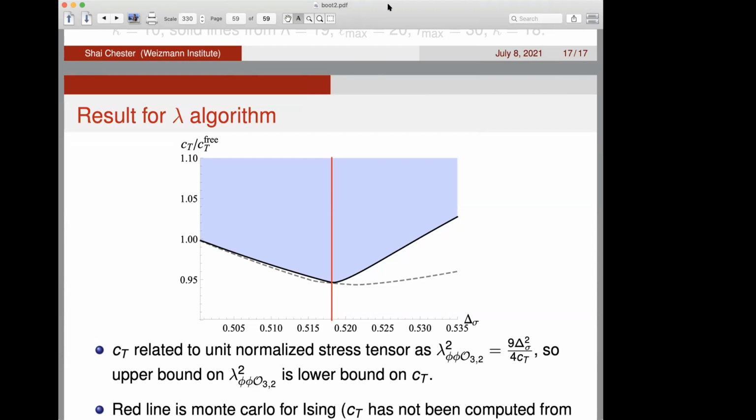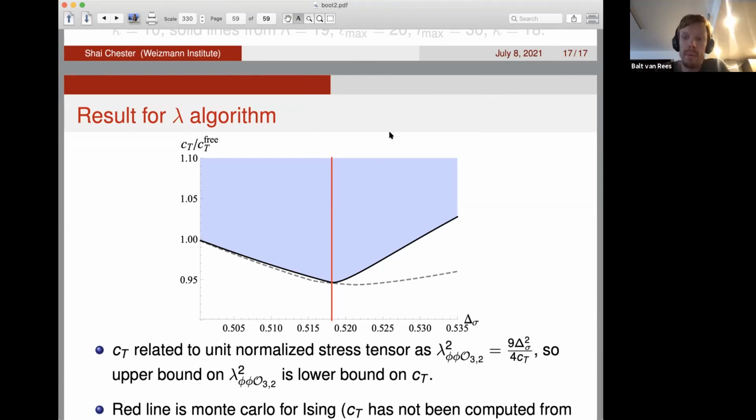There could be some CFT there. Just because it doesn't saturate anything doesn't mean nothing lives there. Actually, I don't know how to extract a solution to crossing symmetry if you just give me a primal feasible point. There should be many solutions to crossing symmetry if you're not at optimality. But if you just give me a primal feasible matrix X, I'm not sure I know how to extract the solution to crossing symmetry from that.